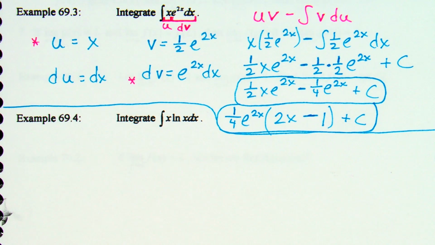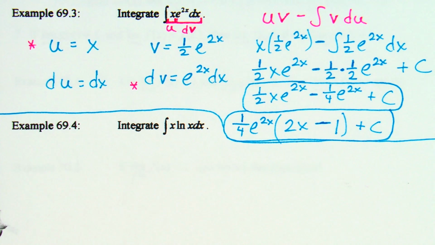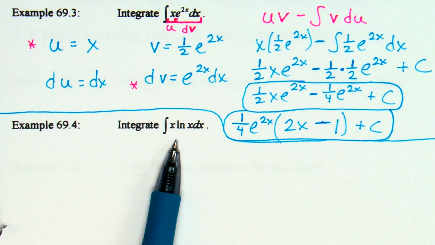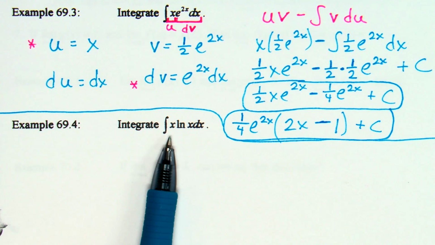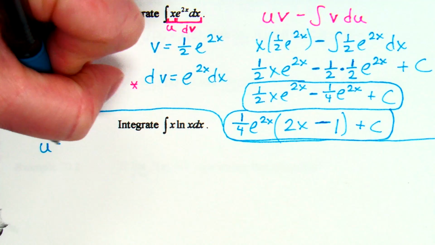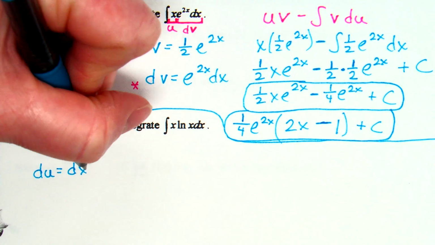Can I show you guys something real quick? I want to show you, because we haven't really worked any through where it's like, oh, that didn't work. Were you guys all going to pick u as your x? What's been the common trend? u has been x, right? If you pick that, let me just show you real quick, if u is x, then du is dx, right?